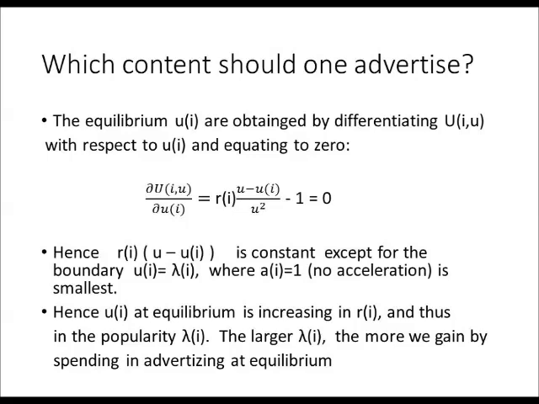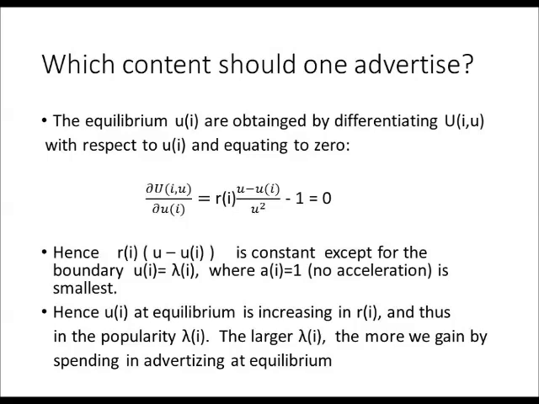Then it is obtained by differentiating with respect to ui and substituting 0. And this is precisely what we do here. We then see that the product of Ri and u minus ui do not depend on I, are the same for all I. It directly follows that ui is increasing in Ri in order for this product to be a constant in I.